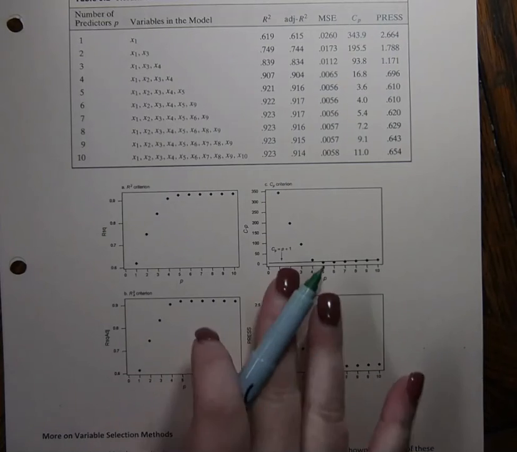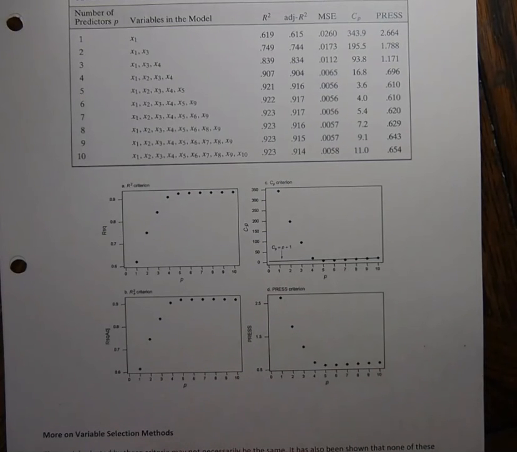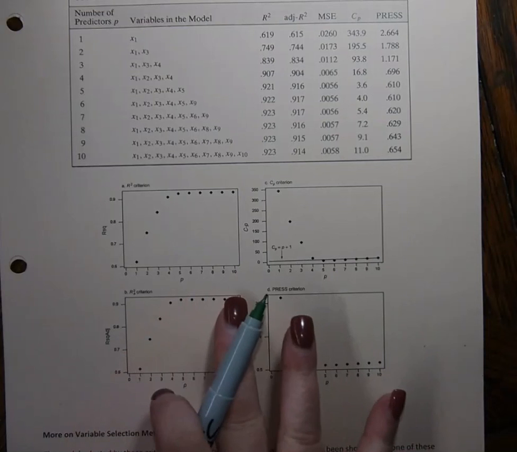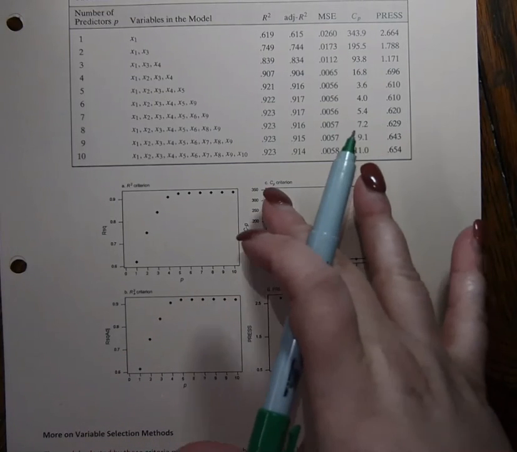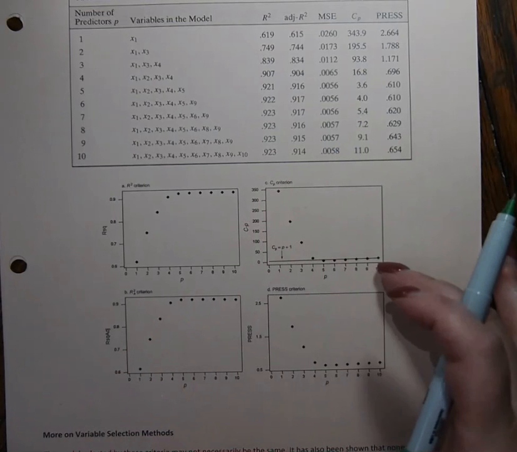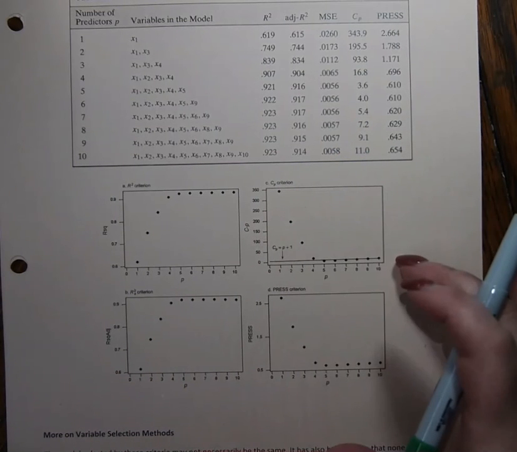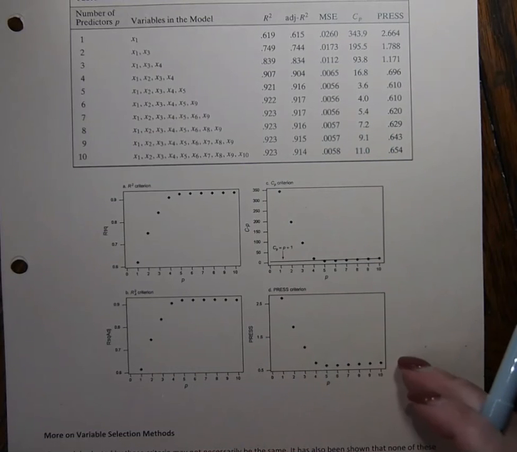And we could do the same thing for any of our other criterion. Remember that we want R squared adjusted to be high, so we would again go this way. But for CP and press, we want them to be low. So we make the same kind of plot, but now we're looking for when they start to get low here. Same thing with the press.